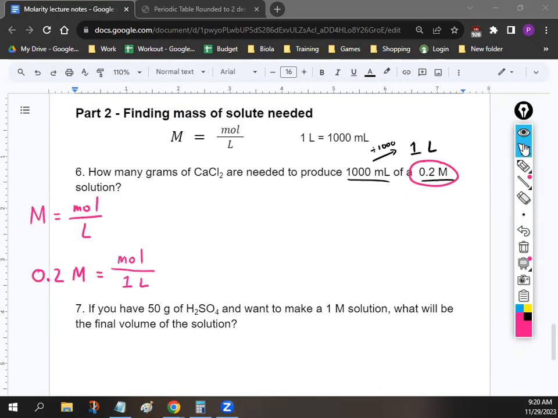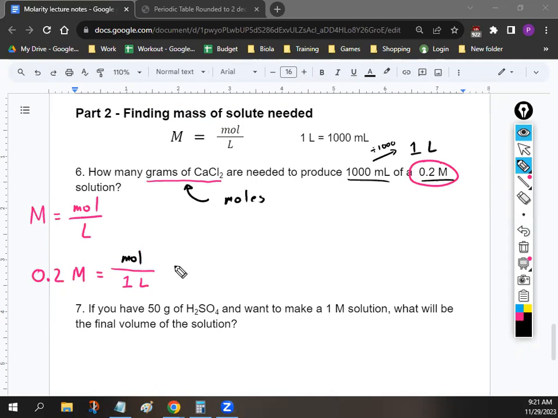Okay, so if you take a look at the problem, it's asking us to find grams of this chemical. Now, we don't have grams anywhere in this equation. However, if you guys notice, the thing that we are missing is moles, right? And if we think about it a little bit, if you find moles, it's pretty easy to turn it into grams, right?